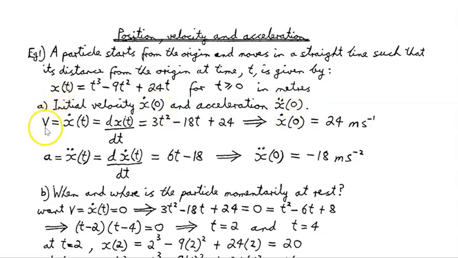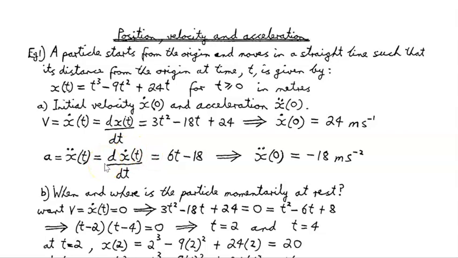So our initial velocity will be x dot, which is dx/dt. Well, dx/dt will give us 3t squared minus 18t plus 24. And we evaluate that at t equals 0, which gives us 24 meters per second positive. So 24 meters per second in the positive direction.